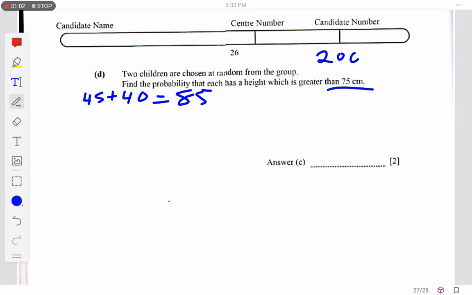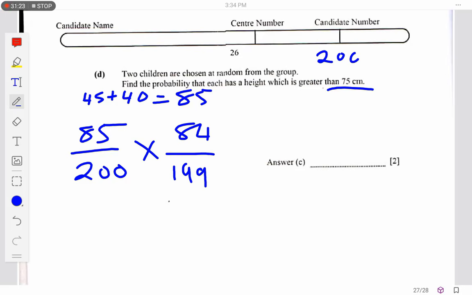So the first student that we pick is going to be 85 over 200 times, because we have picked one student, we are going to take away one here and one there. We no longer have 85 students. We now have 84 students. Total is now 199 because we have picked one student.